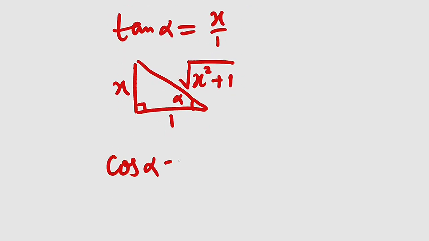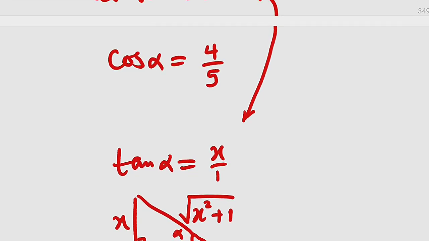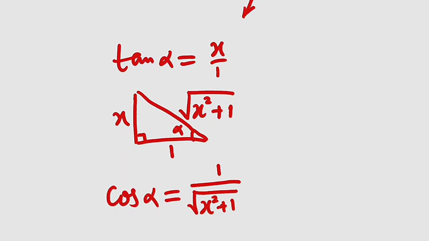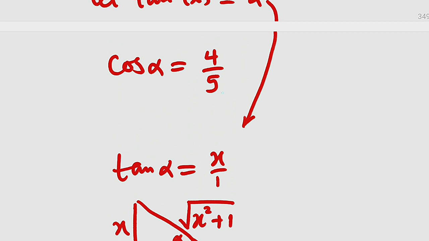Cosine of alpha is adjacent divided by the hypotenuse. The adjacent is 1, the hypotenuse is the square root of x squared plus 1, so cosine of alpha is 1 divided by the square root of x squared plus 1. And we are going to set it equal to 4 over 5.